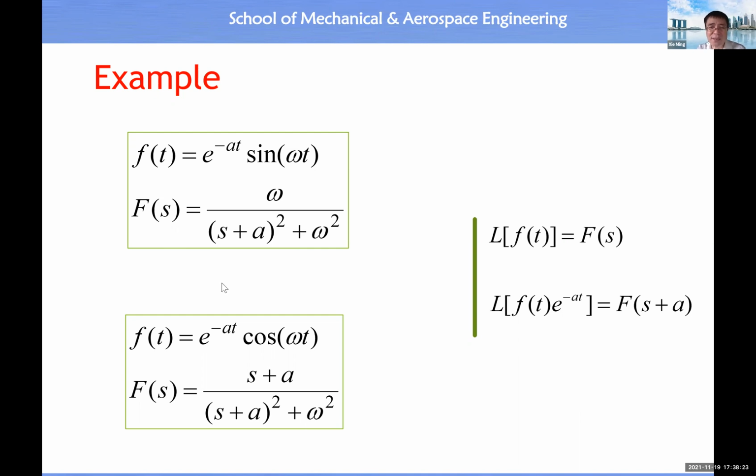Then this one is the same, okay? So in the time domain, this looks like cosine omega t. However, there's a shift by a in s. Therefore, we must multiply by this term, which is the natural exponential function raised to the power negative at, all right?